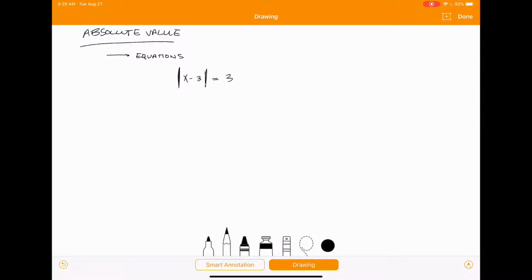this absolute value in here means that whatever is going on in here, you're going to take the positive version of that value. So in order to get there, you're going to split this into two different equations to get rid of your absolute value sign.